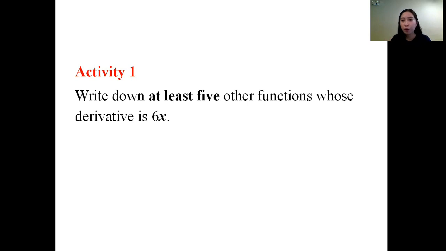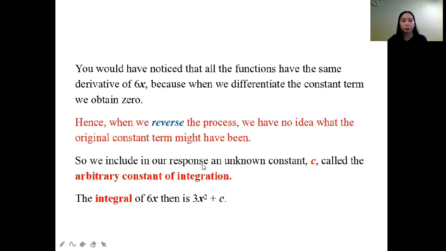Okay, so enough for activity number 1. You only gave 5 functions as examples. You would have noticed that all the functions have the same derivative of 6x. For example, the earlier one, 3x squared plus 1 million. If you differentiate 1 million or 1 billion, it becomes 0, from our differentiation rules.